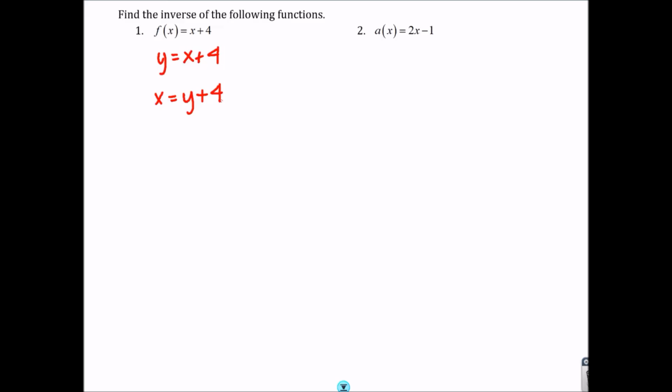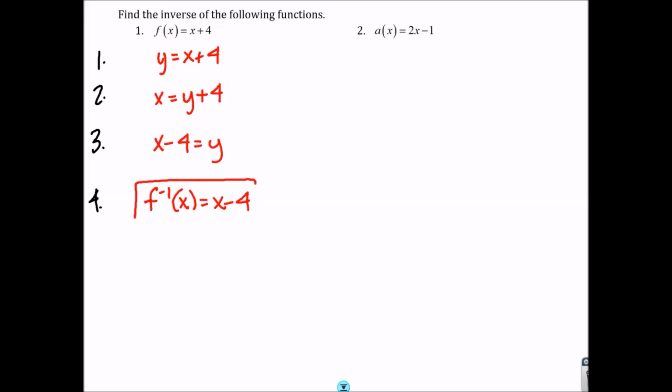So to solve for y, you need to subtract 4 from both sides. So this is step 1, step 2, step 3. Step 4 is to change the notation. So I'm also going to flip it around. So I'm going to say that the inverse of f of x is x minus 4. And that's our final answer.